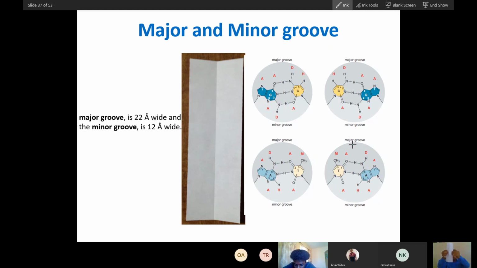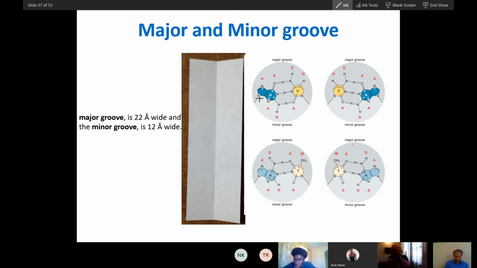Here is also backbone. So it is not yet right-handed. It is not twisted. I have straightened the DNA. When you do like this, what will happen? The DNA actually has this shape. So base has this groove. This is backbone and this is backbone. So DNA will be like this. Base will be like this.